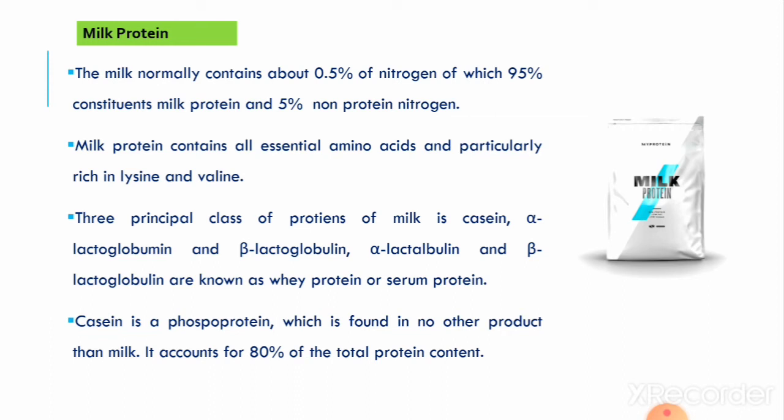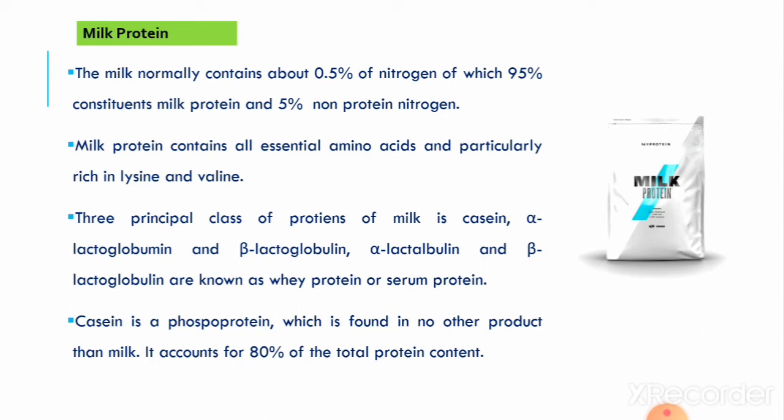There are three principal classes of proteins of milk, that is casein, alpha lactoglobulin and beta lactoglobulin. Alpha-lactoglobulin and beta-lactoglobulin are known as whey protein or serum protein.